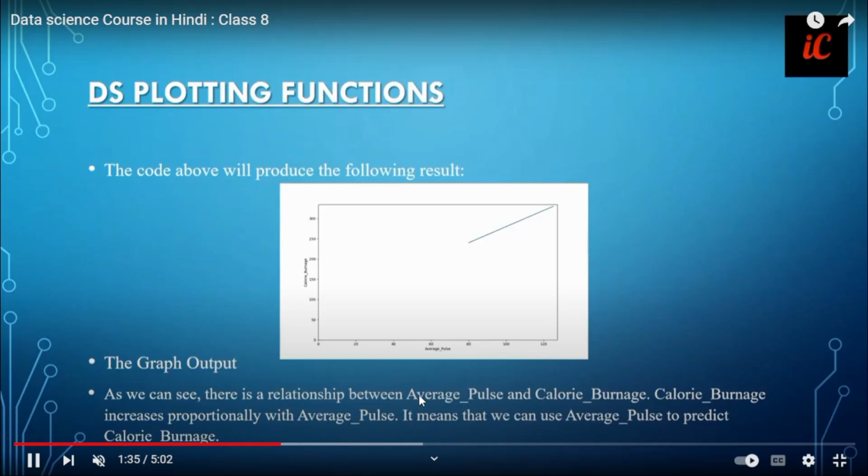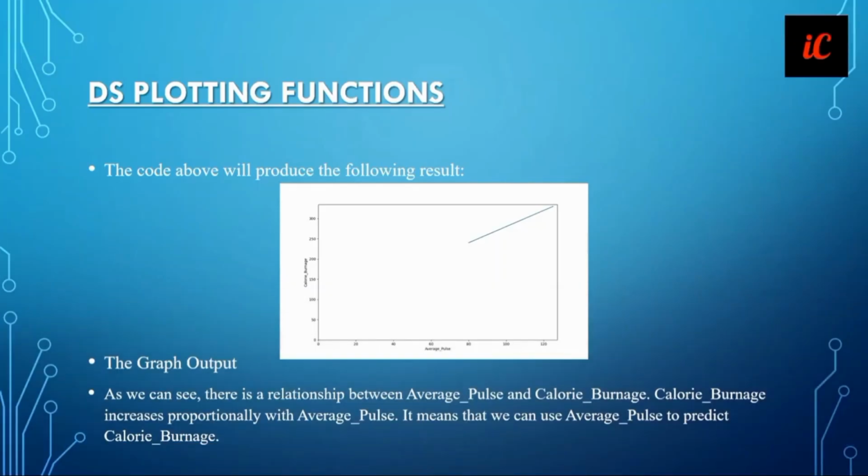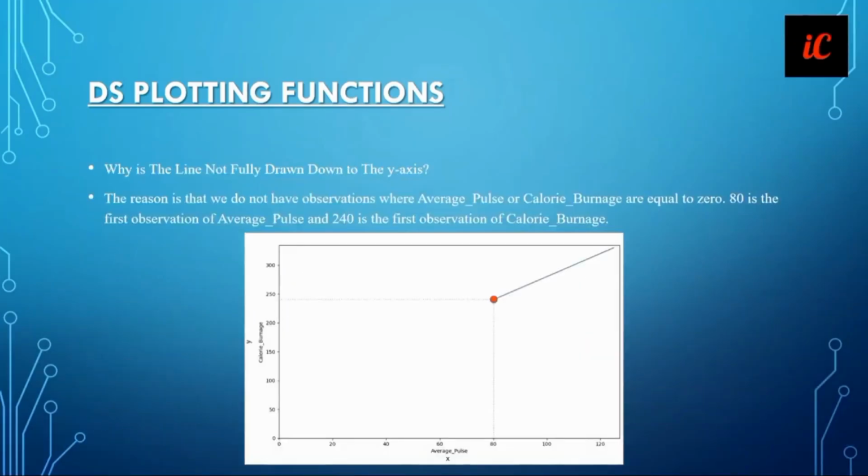As we can see, there is a relationship between the average pulse and the calorie burnage. That will be provided once you create the graph. So why is the line not fully drawn? The reason is that we don't have an observation where the average pulse or calorie burnage is equal to 0. 80 is the first observation of the average pulse and 240 is the first observation of the calorie burnage.